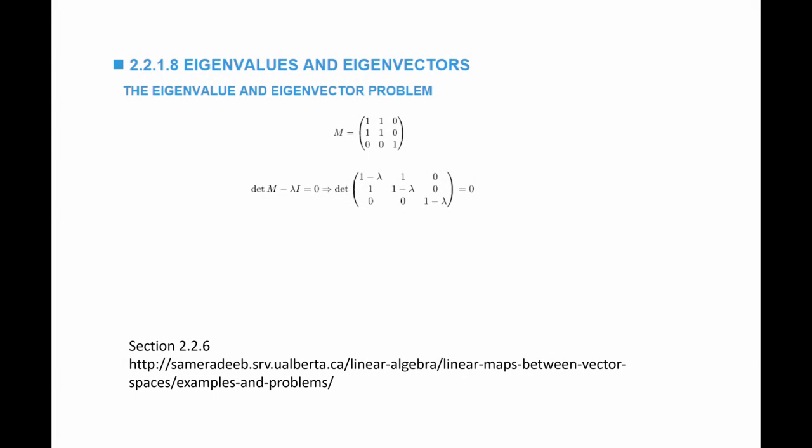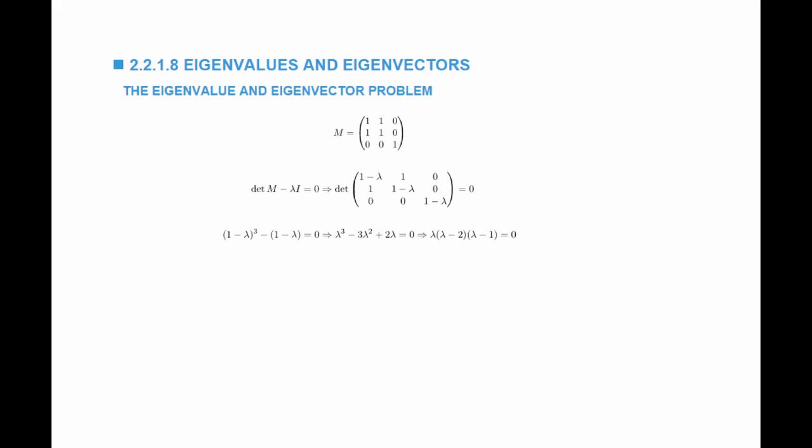We'll show you using examples. I have a few examples on the website, in section 2.2.6. For example, if I have the matrix M and I'd like to find its eigenvalues and eigenvectors, I set the determinant of M minus lambda I equal to 0. You can calculate the determinant by the triple product of the three vectors. So you get (1 minus lambda) cubed minus (1 minus lambda) equals 0.